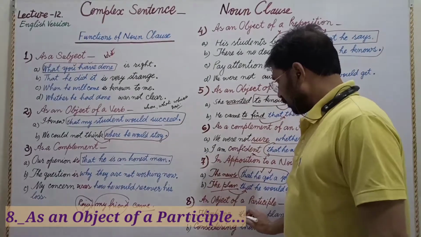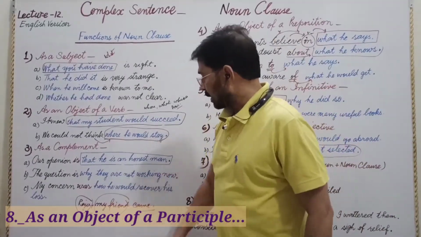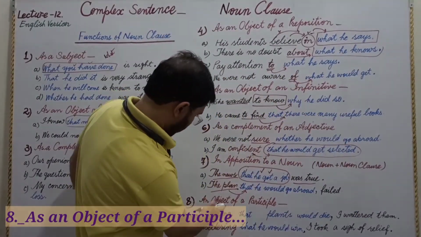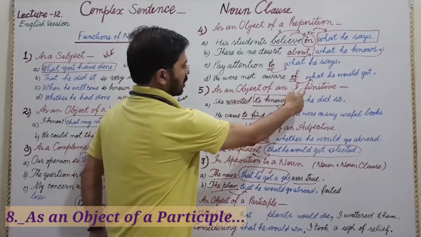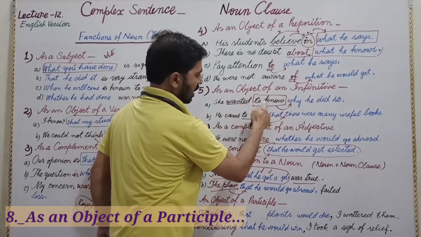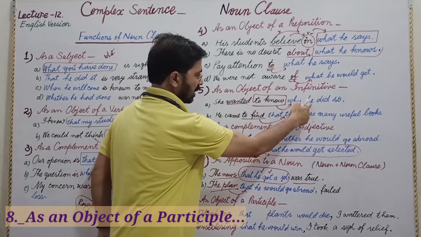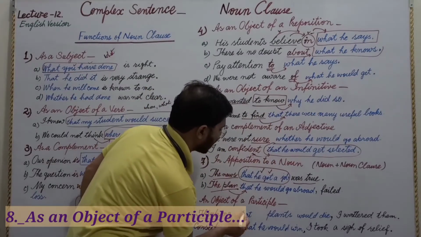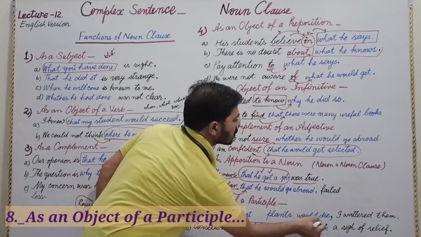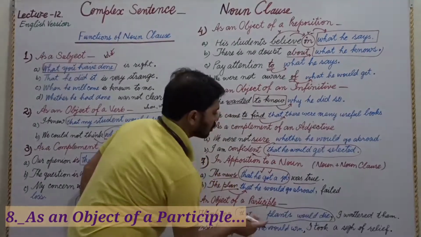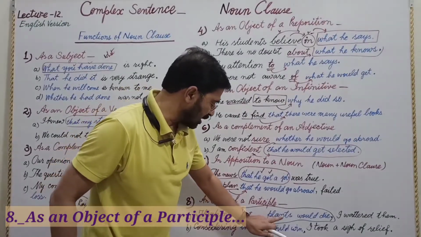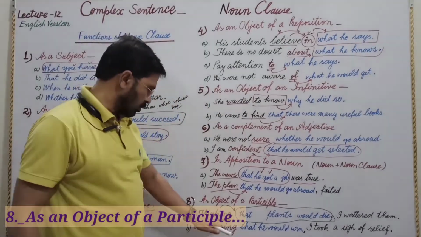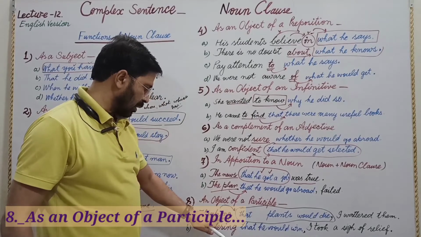And after participle, in the same way, as you have object of an infinitive, placed after to plus first form, it has become the object of infinitive. In the same way, when you place a part of a clause, meaning noun clause or subordinate clause that has its subject and predicate, after this ing form, it is called object of this participle.